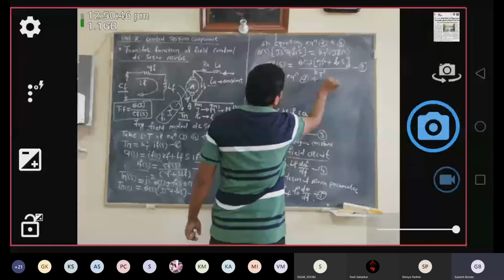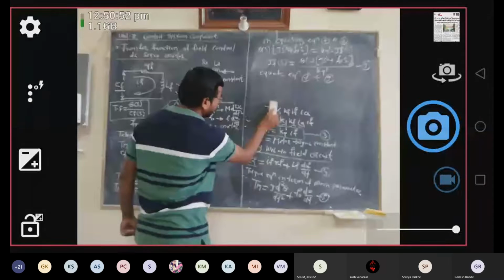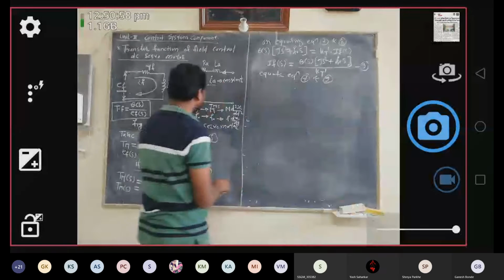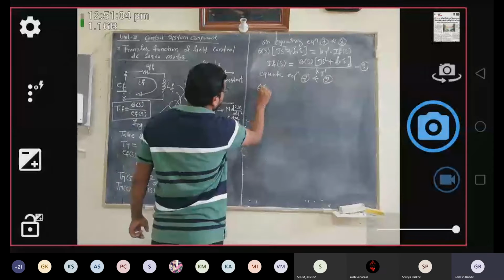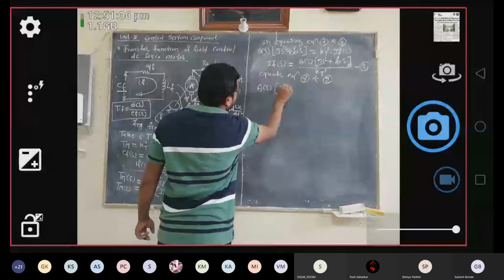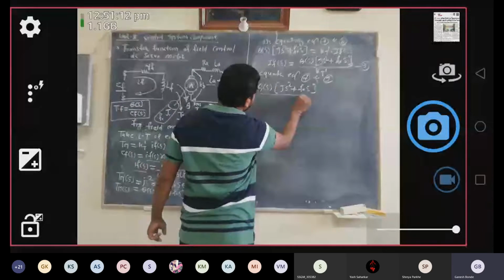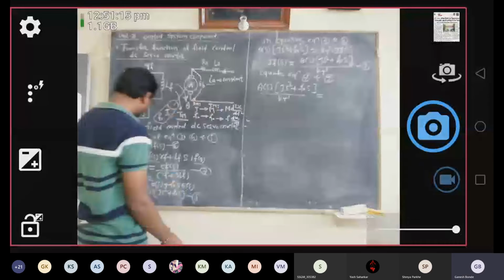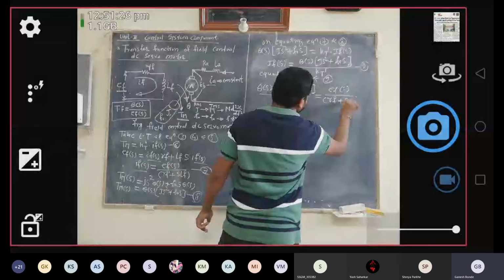On equating equation 7 and 9, what are we getting? Theta of s into J s square plus f0 s upon Kt dash equal to E f of s upon Rf plus s times Lf.